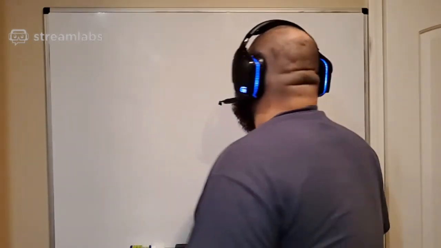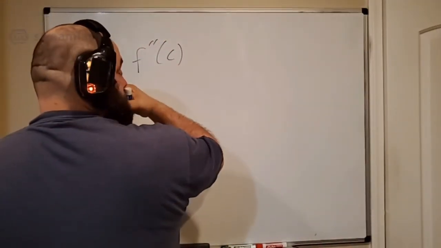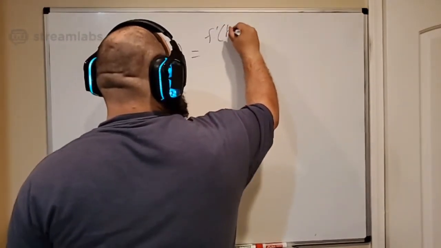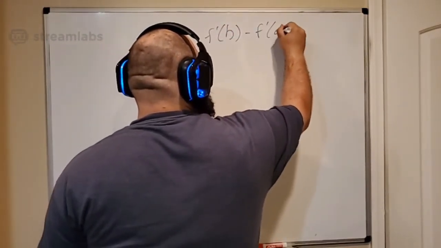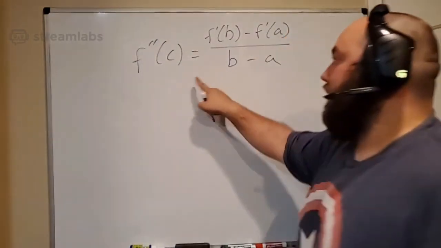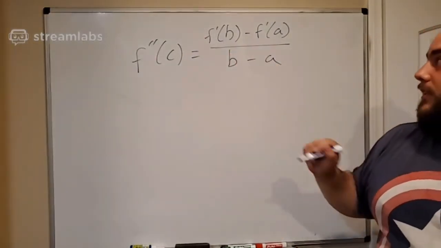So basically what they wanted you to show was that f double prime of C, if I'm using mean value theorem, is f prime of B minus f prime of A over B minus A. This is what they wanted you to use, where you can use the mean value theorem on the second derivative using the first derivative. And that's really what they wanted you to show, that this is not possible.